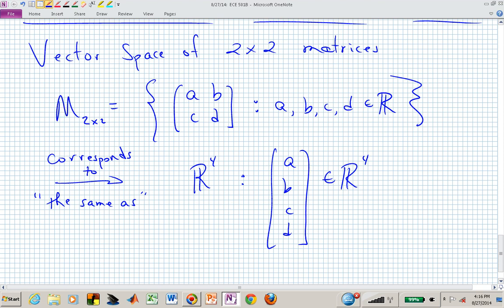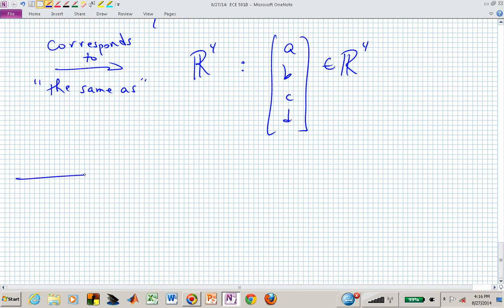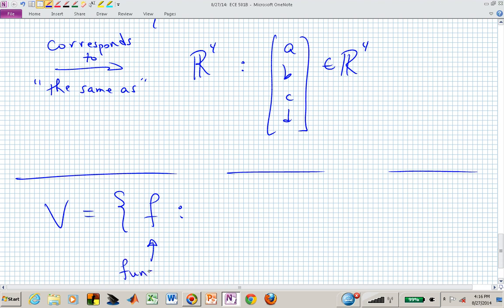Another vector space that maybe is not as obvious is the following. A vector space F, which is some function such that we map the natural numbers into the reals.